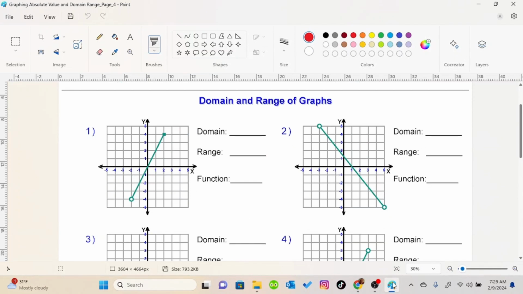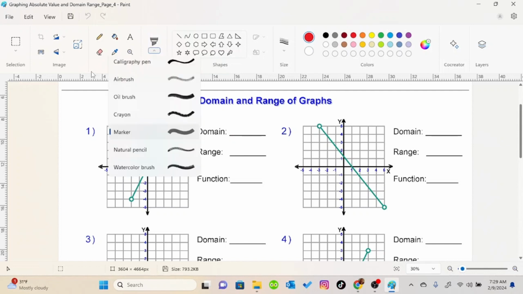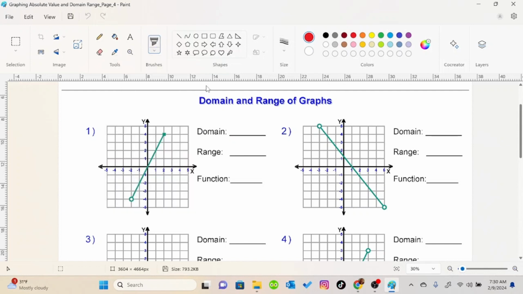On page 4, we're going to continue finding the domain and range, but we're also going to write the function. So our domain on number 1 starts at x equals -2, not included because of the empty point, and ends at x equals +2, included because of the solid point.